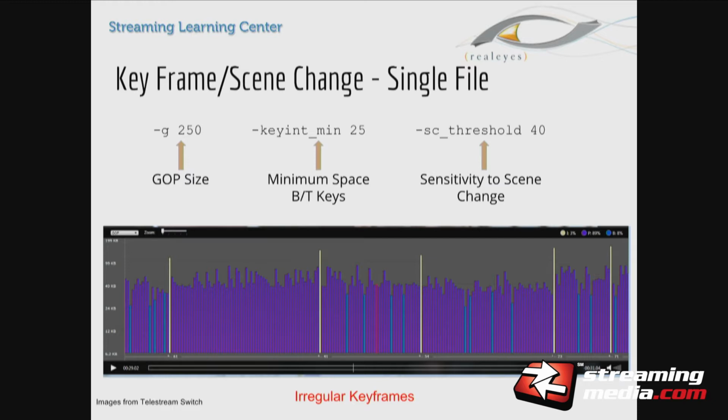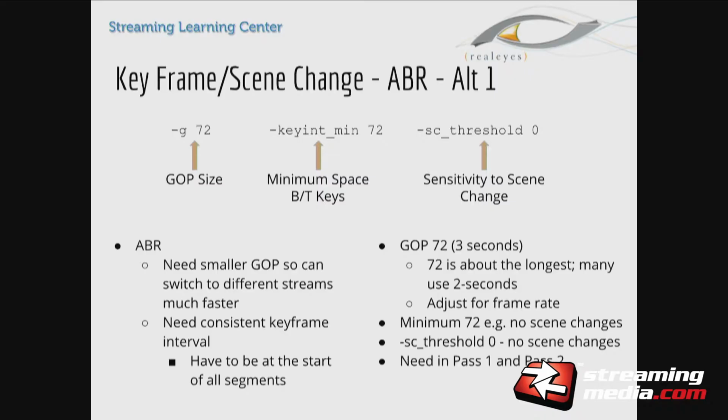What we're seeing is that we have irregular keyframes. And we know that if we're delivering video via ABR, we can't have irregular keyframes. We need shorter keyframe intervals, and we need keyframes at specific intervals. So how do we achieve that with FFmpeg? We reduce the GOP size. The control for setting the GOP size is -g, and that's 72.